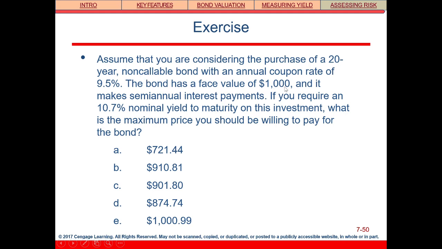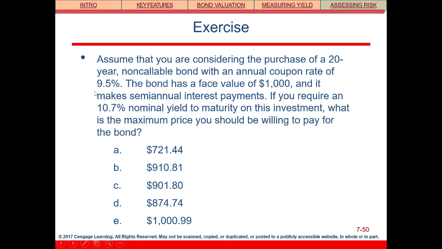Therefore, this is FV. And the coupon interest rate is 9.5%. So that means you pay $95 every year, and for every period that should be $47.5. So that's PMT.